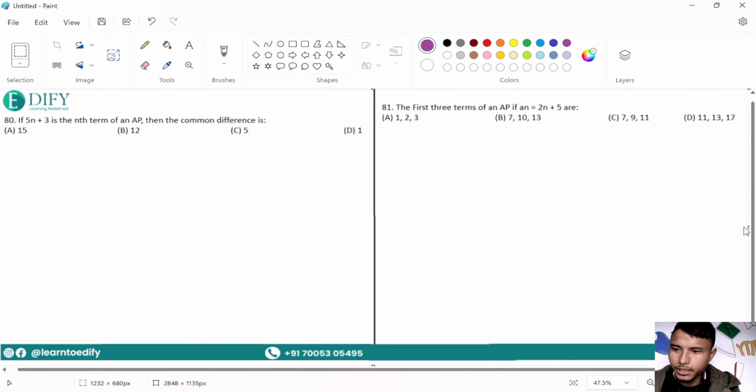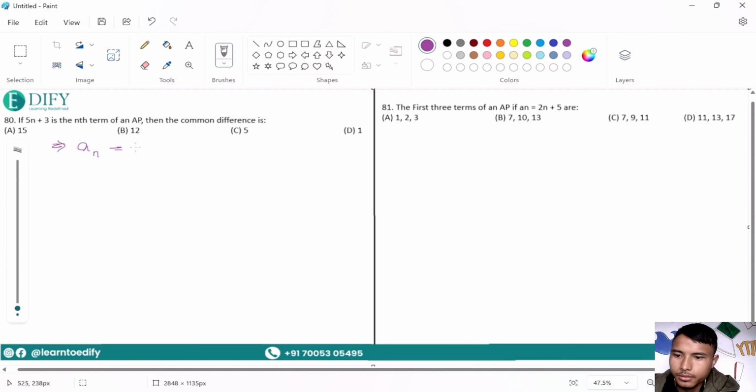Question number 80. If 5n plus 3 is the nth term of an AP, then the common difference is what? If this is the nth term, then an is equal to 5n plus 3.